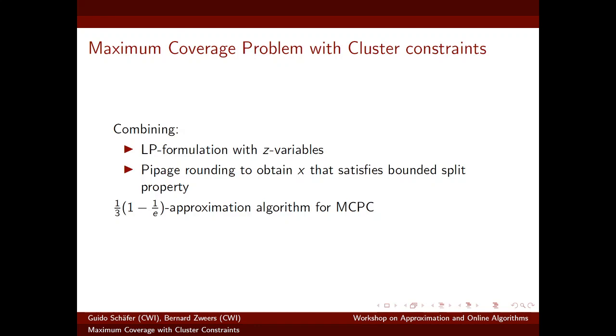So you use the Z variables to construct an instance of the maximum coverage problem with knapsack constraints, and then you use Pipage rounding to obtain an X that satisfies the bounded split property, and then it just follows that you lose, again, you go from a half to a third. So you have a third times 1 minus 1 over e approximation algorithm.